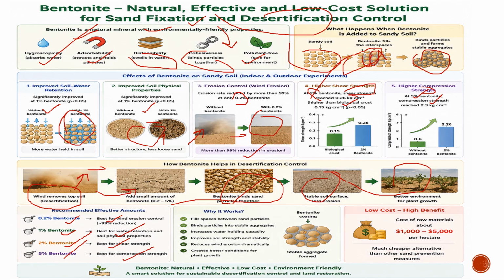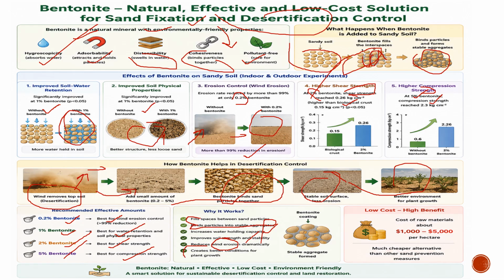How does it work? It fills the spaces and binds the particles because of its swelling and rheological properties, and increases water holding capacity by making the soil less permeable for deep percolation losses. It improves soil strength and stability because of its higher shear strength and compression strength, and reduces wind erosion as it binds particles.